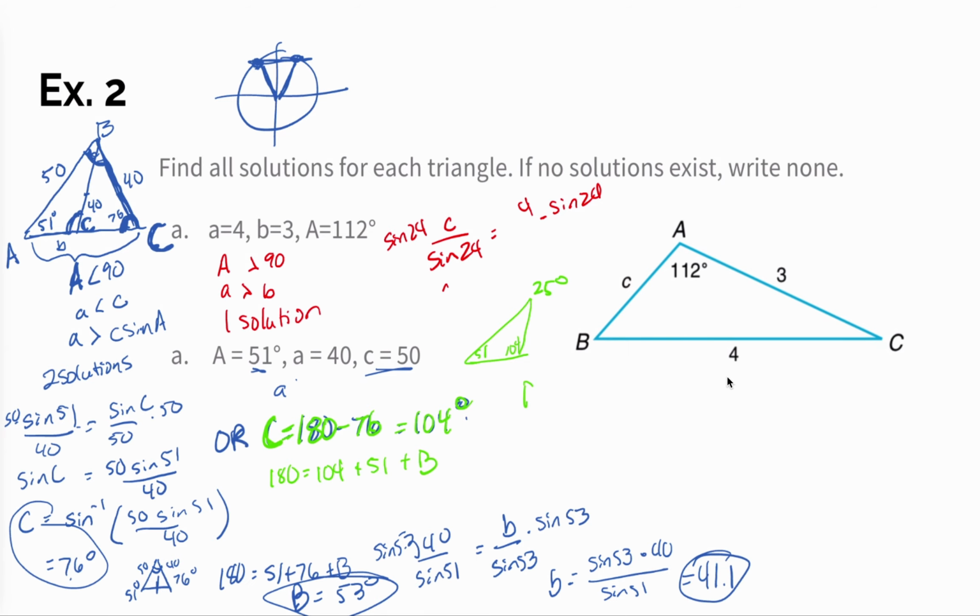So now we get that angle B is 25 degrees, and we do the law of sines just like we did down here. B over sine 25 equals 40 over sine 51. And so B equals 40 sine 25 over sine 51.